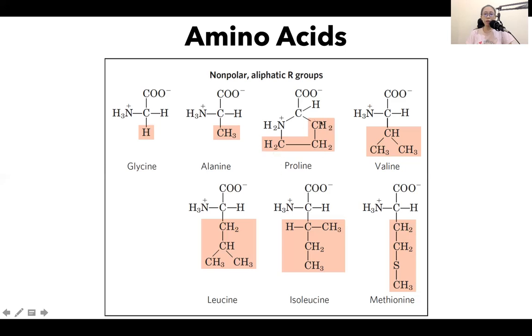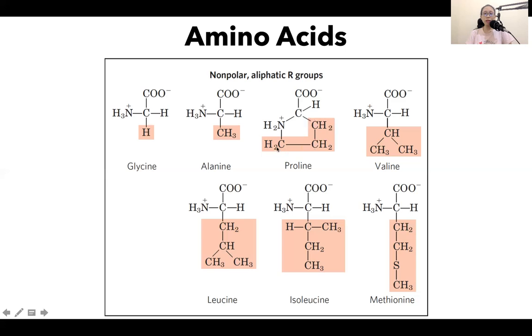We also take note of this very unique amino acid called proline. In proline, its side chain is connected to the amino group. So this is not an amino group, but it's called an imino group because of its two bonds to two separate carbon atoms.